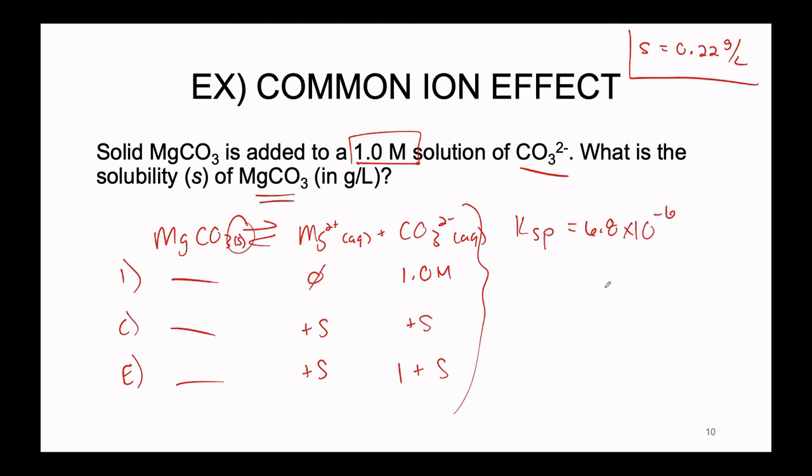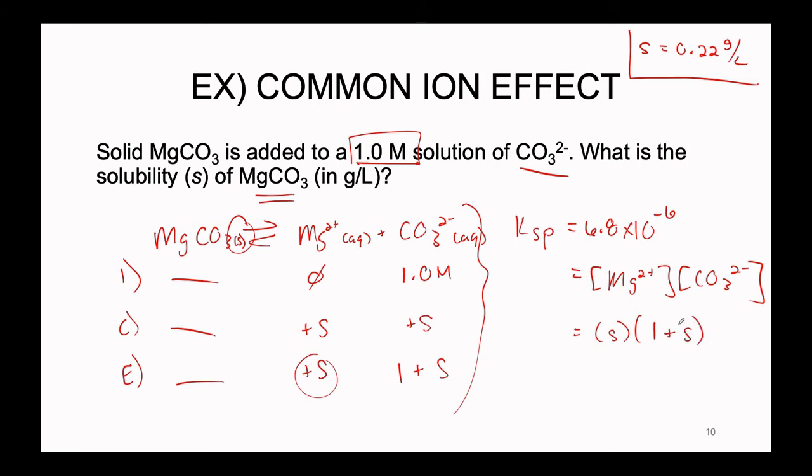The 6.8 × 10⁻⁶ is going to be equal to, again, our concentration of magnesium 2+ times our concentration of CO3 2-. This does not change. What does change are the variables that we're plugging in. The magnesium is a value of S. We don't know what this unknown change is. That's exactly what we're solving for. The concentration of our carbonate is 1 + S.